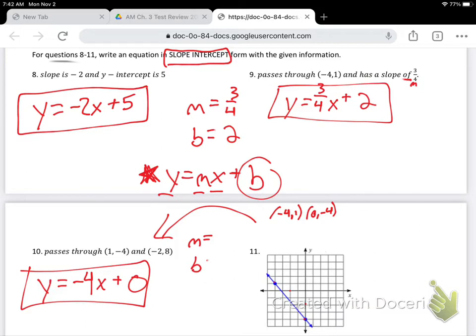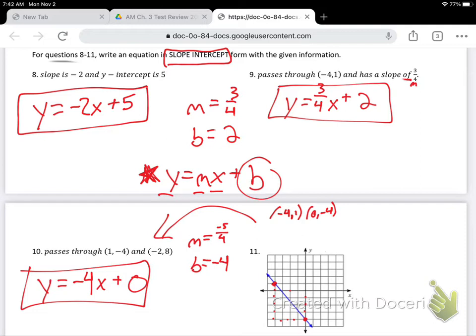So my y-intercept is -1, -2, -3, -4. So b is equal to -4. And then the slope between here and here, it's rise over run, correct? So I'm going to go -1, -2, -3, -4, -5. So it's going to be -5, and then run, which would be positive 1, 2, 3, 4.